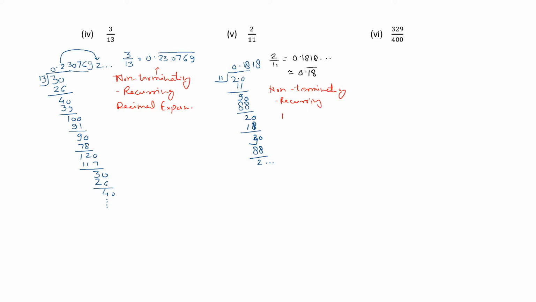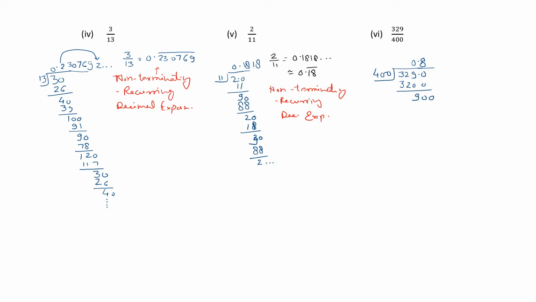Right? So next one is 329 by 400. So let's divide 329 by 400. We will put a decimal. So 400 times 8 is 3200, where the remainder is 90. We will extend with 0.